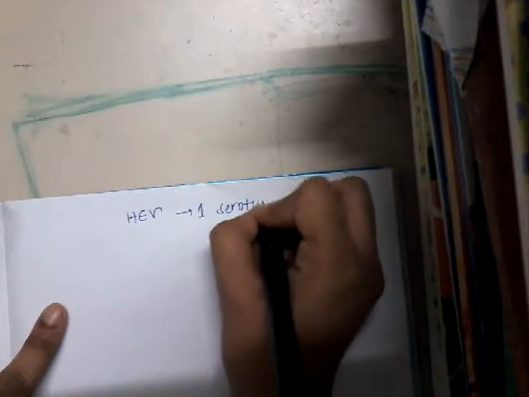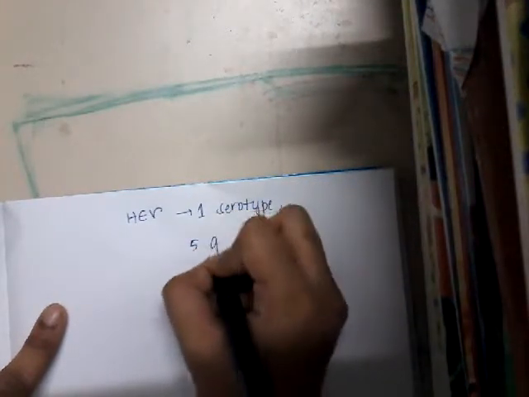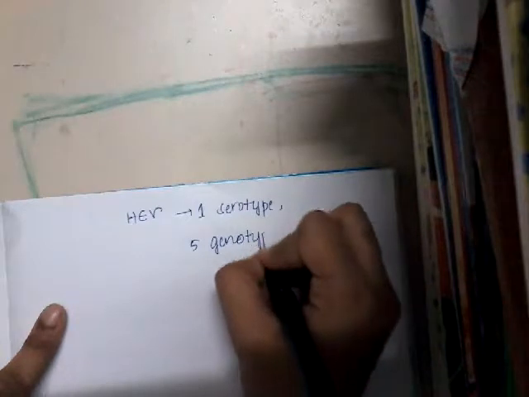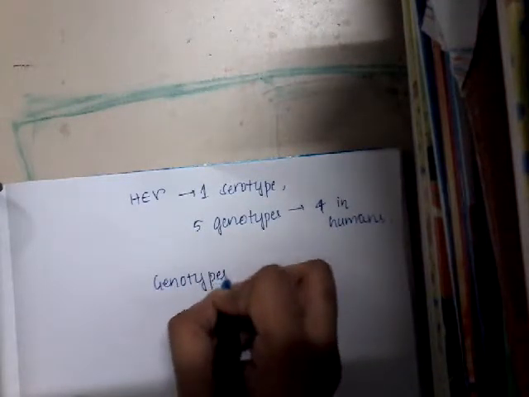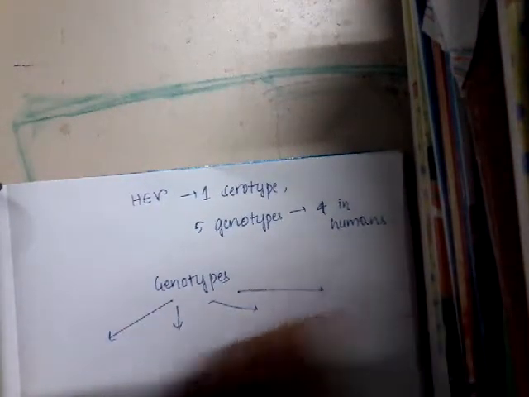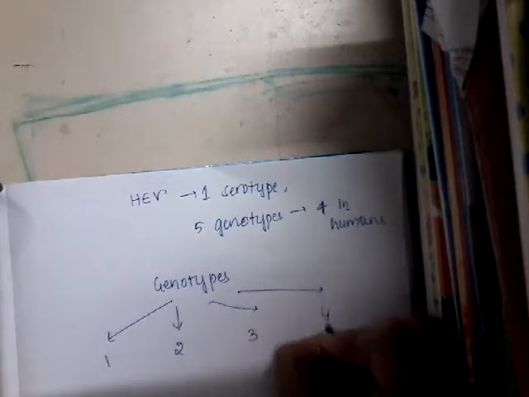Now HEV has 1 serotype and 5 genotypes, and among these 5 genotypes only 4 infect humans. Genotypes 1, 2, 3, 4.